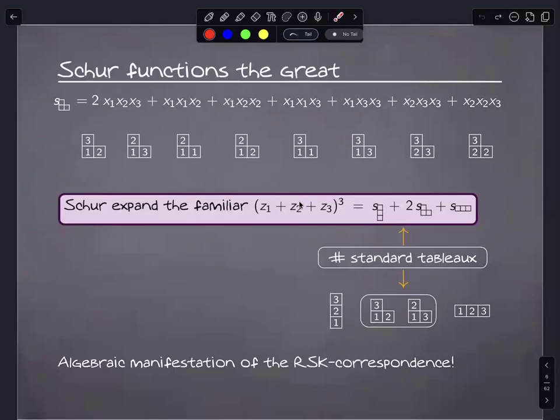One of the things I love about this example, even though it's the simplest symmetric function you've ever seen, is that it is an algebraic identity that is equivalent to the Robinson-Schensted-Knuth correspondence, which I will controversially say is the most fundamental result in algebraic combinatorics in the 1900s. It basically associates words, because this thing on the left is just a bunch of words, and on the right you have pairs of tableau.